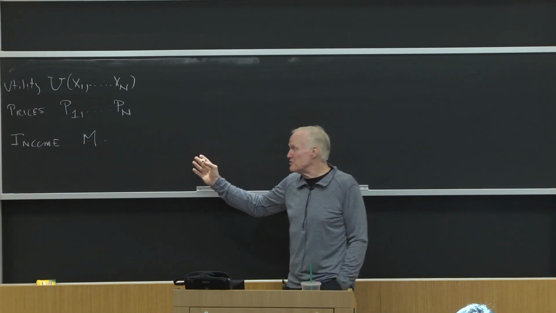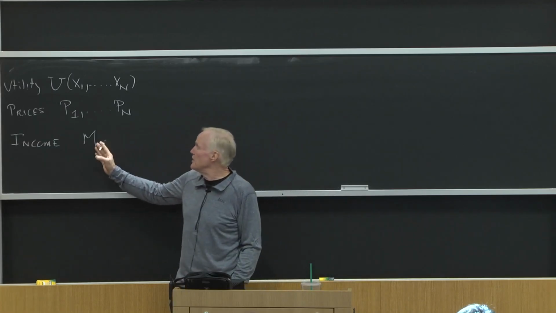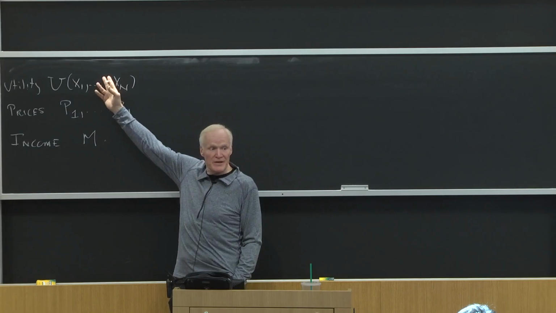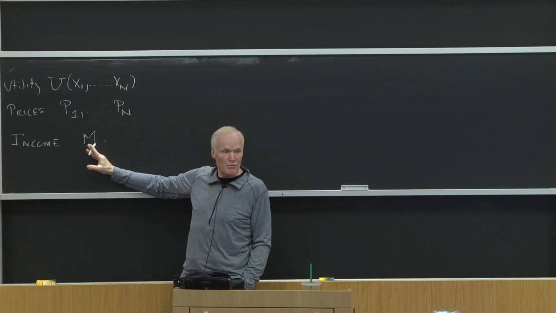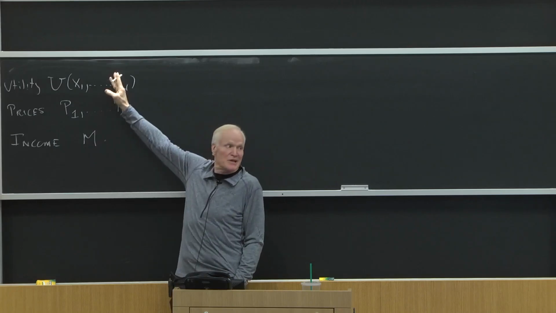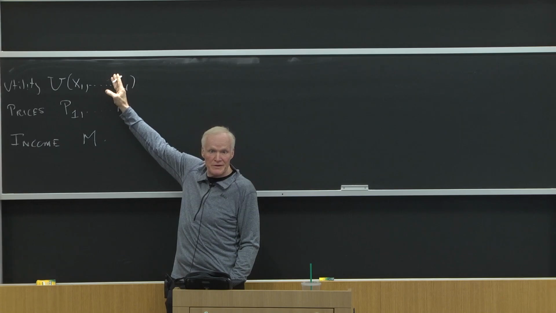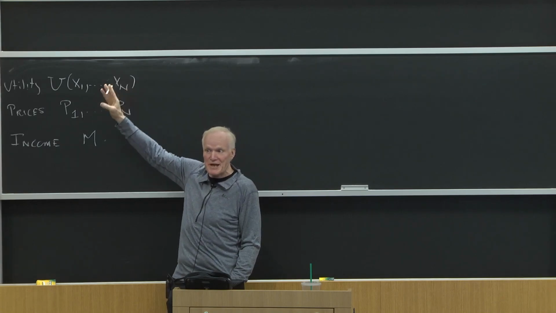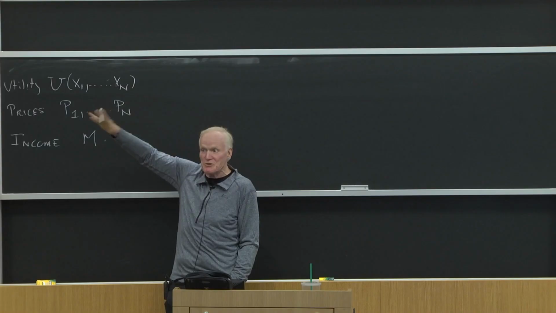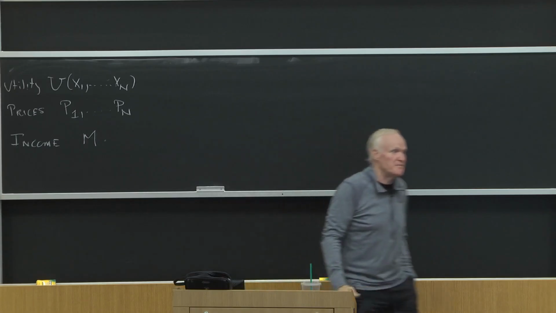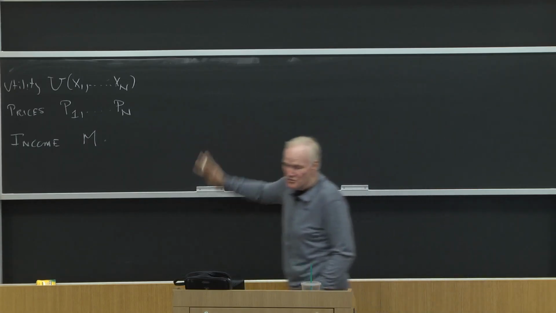It may not matter too much which of those you use, but it determines the units in which x is measured. If M is income per week, then x is going to be consumption per week. If M is income per year, x is going to be consumption per year. Anybody who comes from the physical sciences, remember you always check that your units make sense across the two sides of your equations. The same thing is true in economics. The units have to make sense.